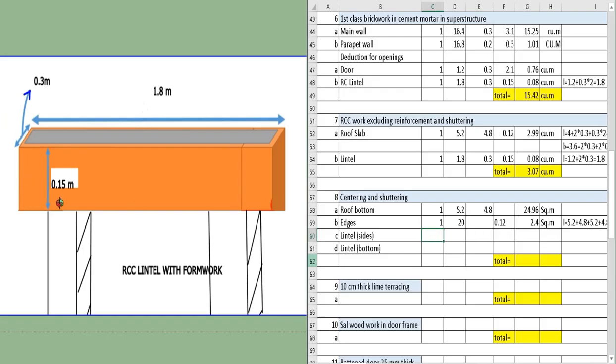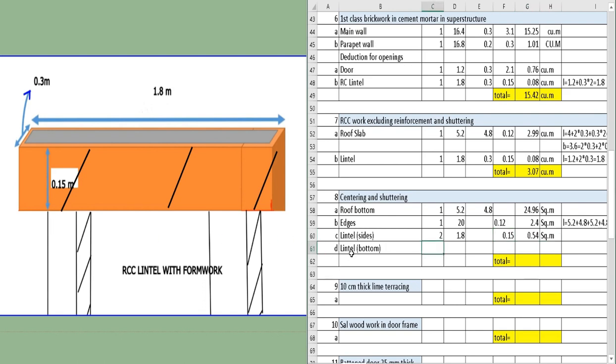So we have two sides of this lintel, that is this side and the back side. So the numbers are 2, and the length of this shuttering is 1.8 meter, and we are considering this portion of the lintel, so we require this height, that is 0.15 meter. So our height is 0.15 meter and our total quantity is 0.54 meter square.